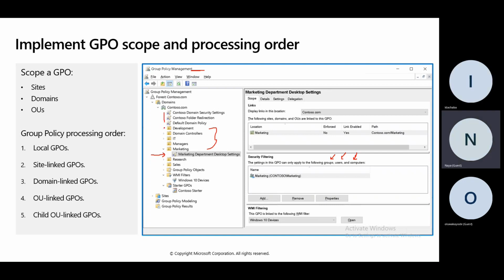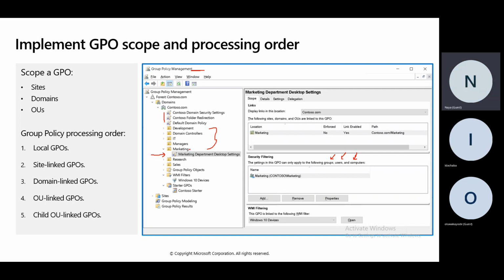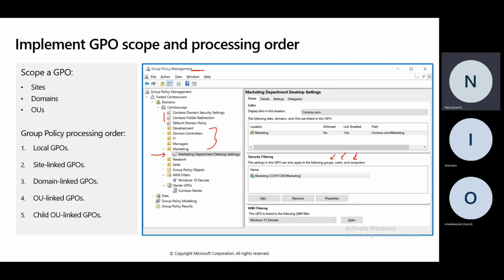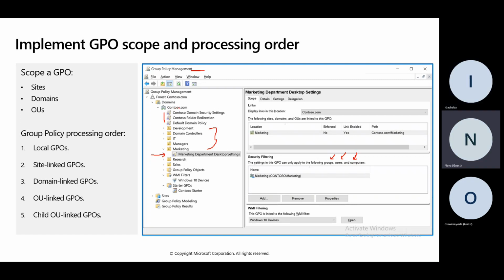So when you open this, this policy will affect only those that are in marketing. Now this policy is under where? Contoso.com. For example, nayaindustries.com. So whatever they put here, who and who will it affect?